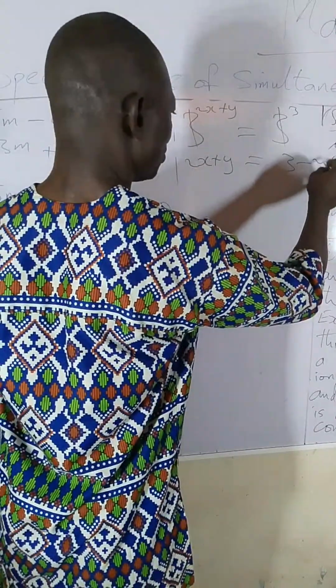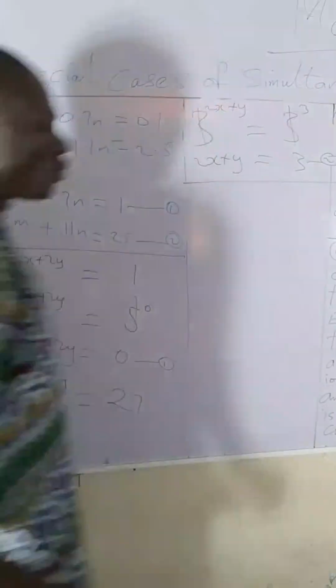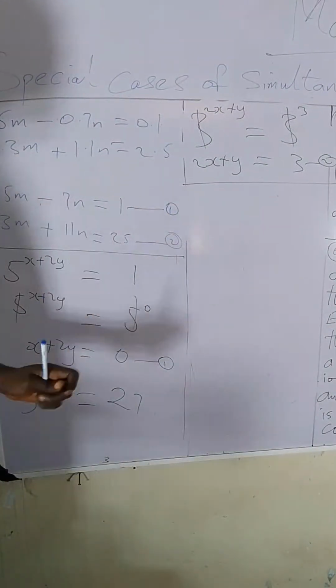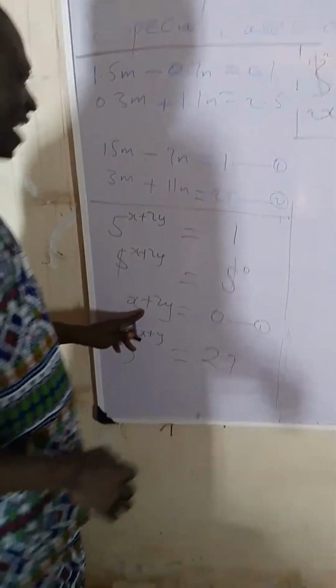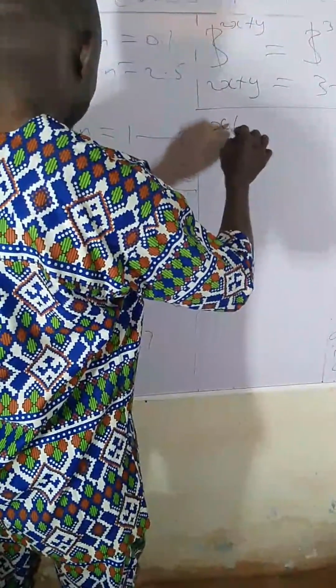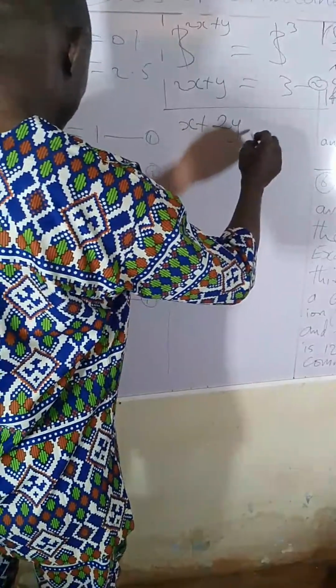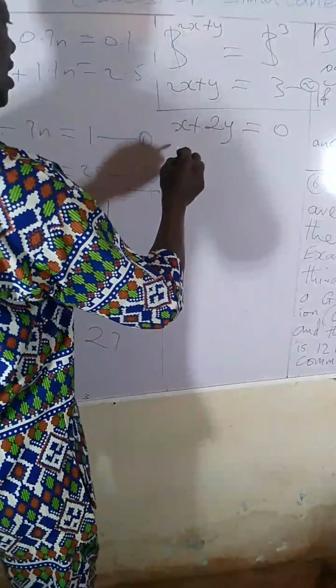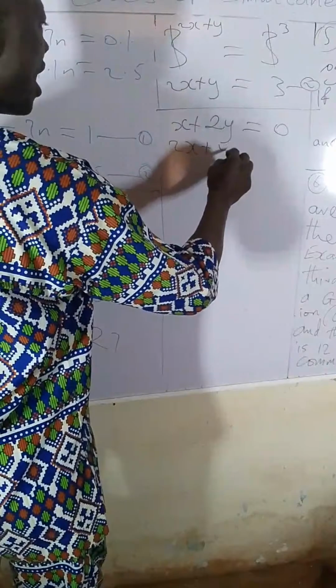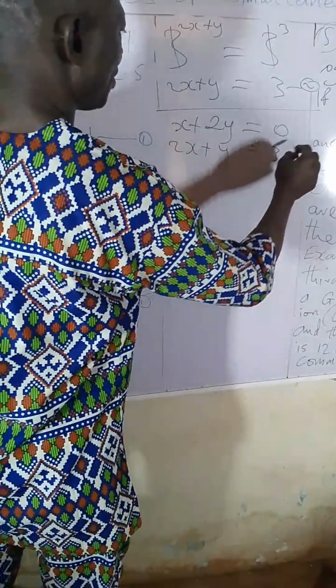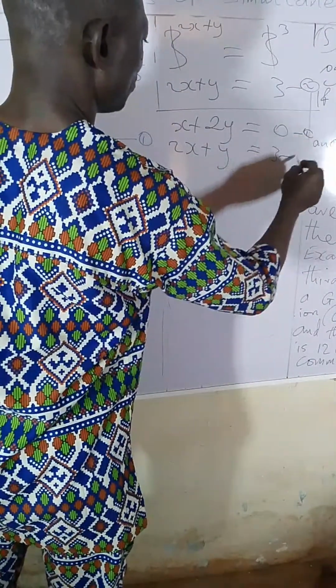This becomes equation 2. So the two simultaneous equations we expect to solve now are x plus 2y is equal to 0 and 2x plus y is equal to 3. Where this is equation 1 and this is equation 2.